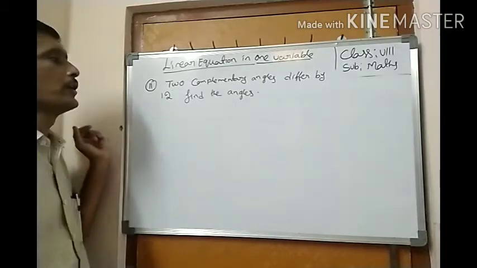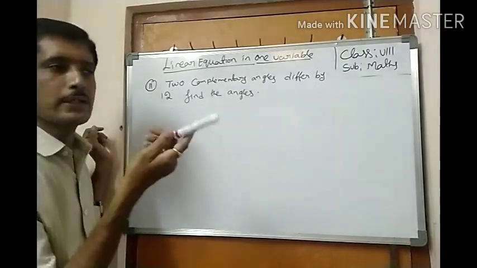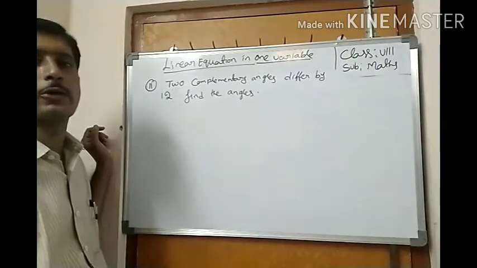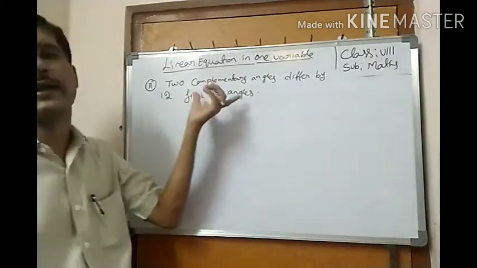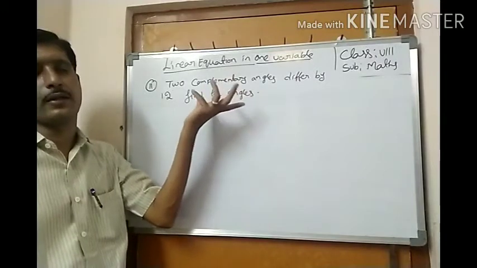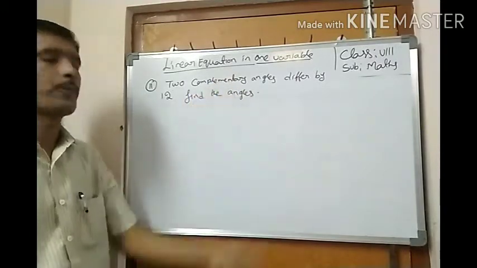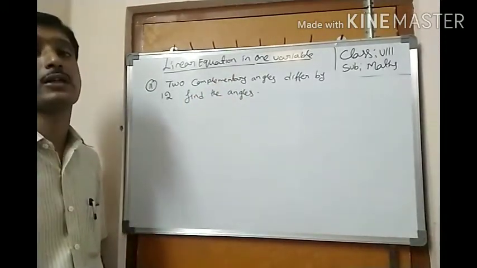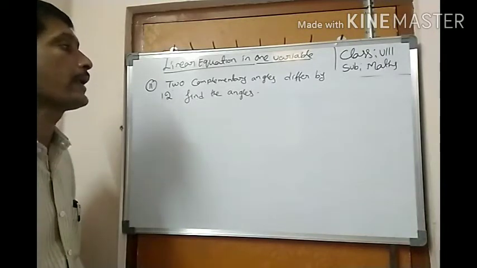Find the angles. You know complementary angles. What are complementary angles? Sum of any two angles equal to 90 degrees is called complementary angles. That is learned in 7th class.